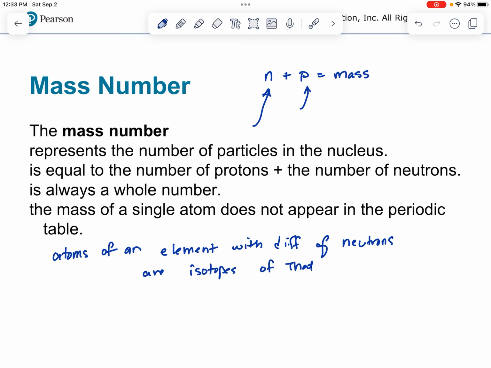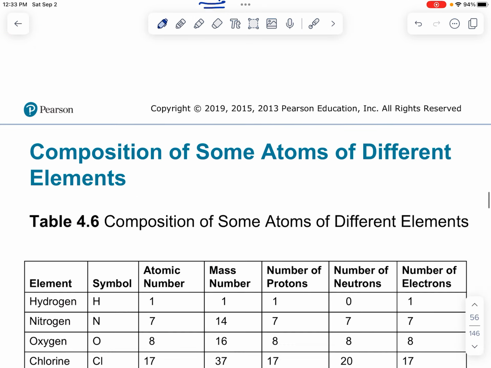So restated another way, an isotope is an atom of an element with always the same number of protons, but different numbers of neutrons. So here are some examples. Composition of some atoms of different elements. These are probably the most common isotopes.